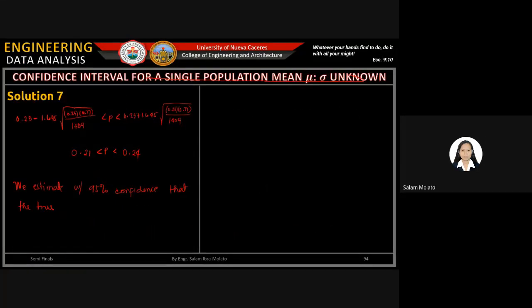So, the true proportion of students who paid for their education by student loan is between 0.21 and 0.24. Okay, so that's it. That's the answer.